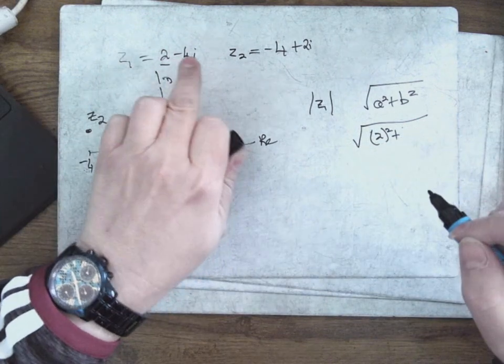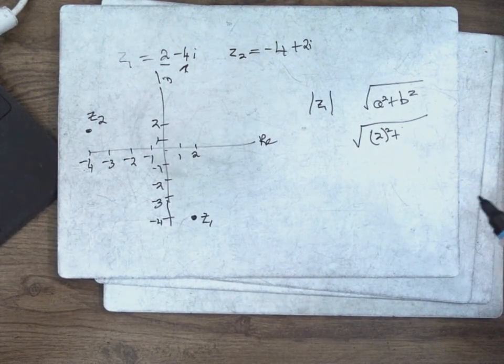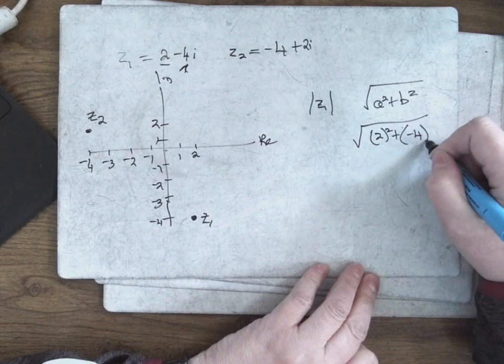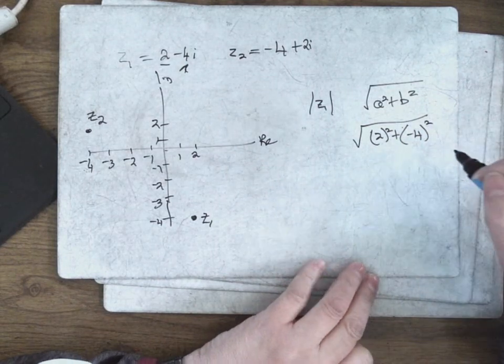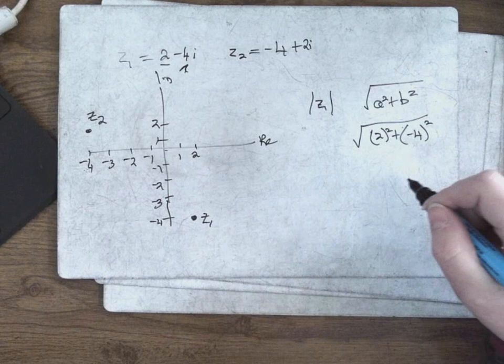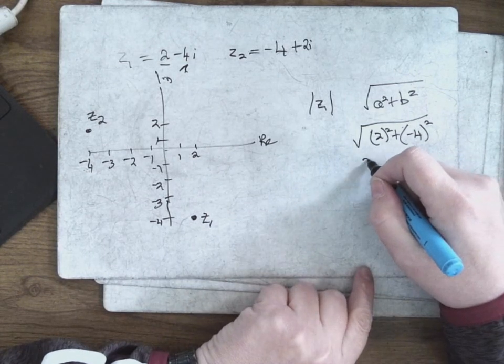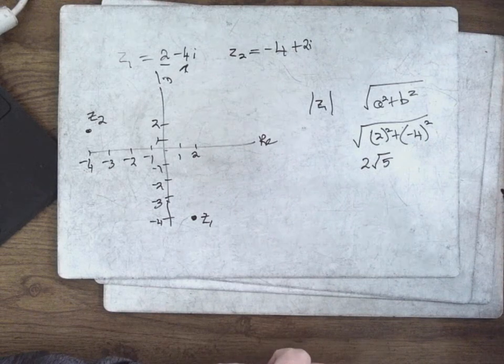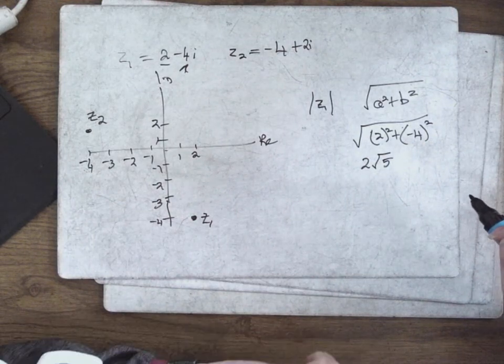B is the number in front of i. Don't take the i. It's just the number in front of i, which is minus 4 to be squared. Into the calculator with that, that'll be 4 plus 16, square root of 20. The calculator is going to spit out 2 root 5 at you. Is that okay?